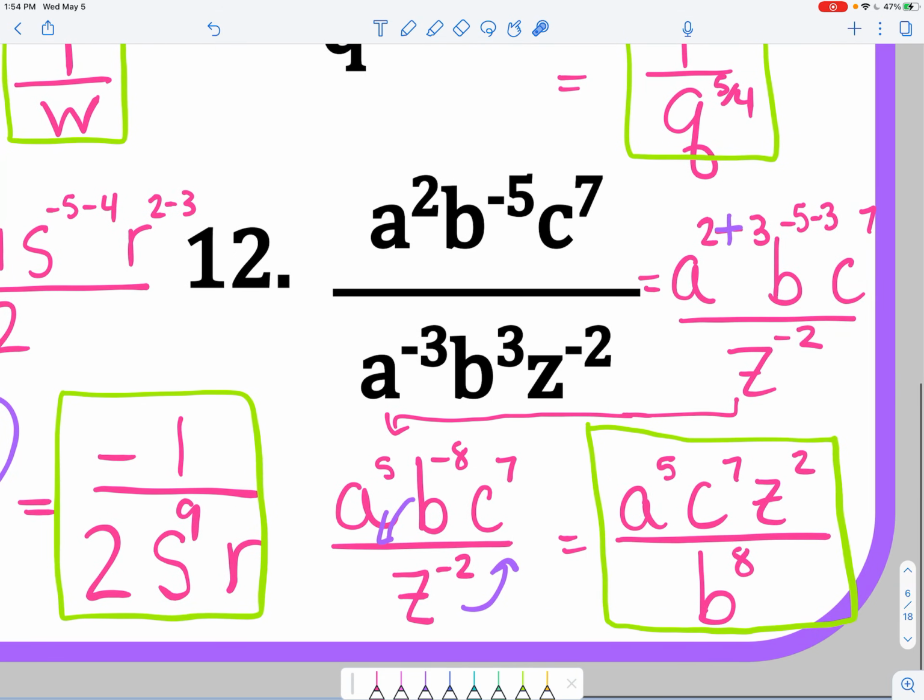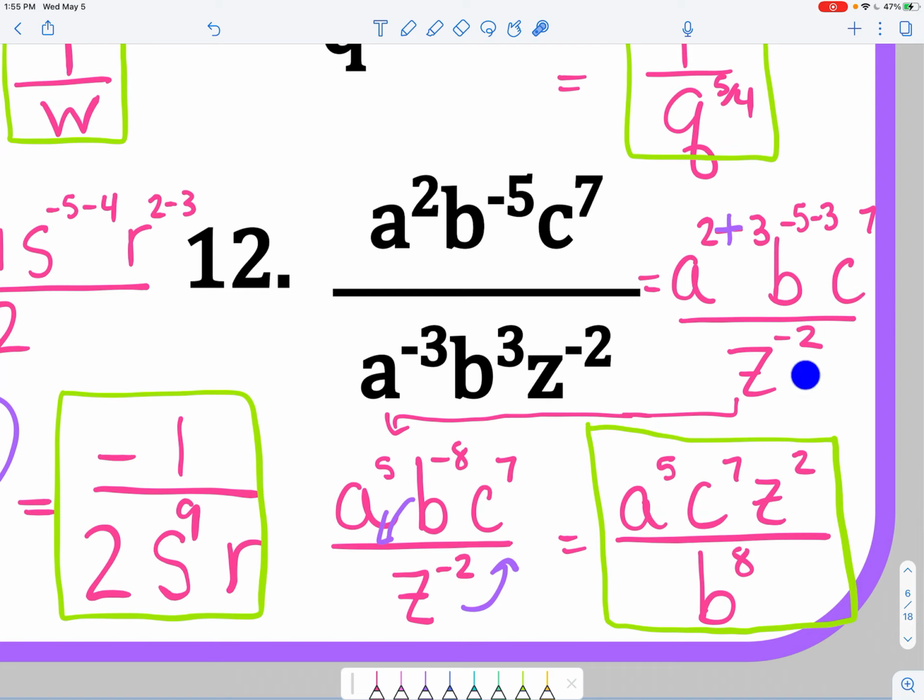And then number 12, careful with this one. We've got a, b, c up top, but then a, b, z on the bottom. So for that last variable, you're actually not going to subtract here, so be really careful. The only ones you're subtracting, and again I'm putting them in as if they're in a numerator position, are for the variable a, where you're going to get double negatives which change to plus, and then for b.